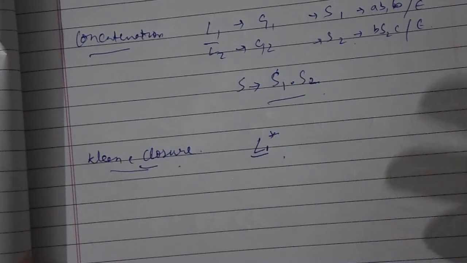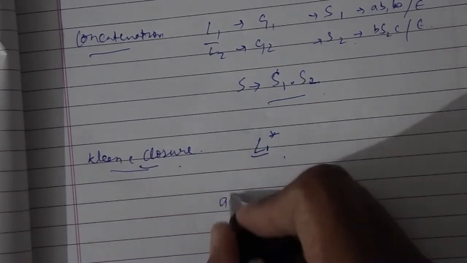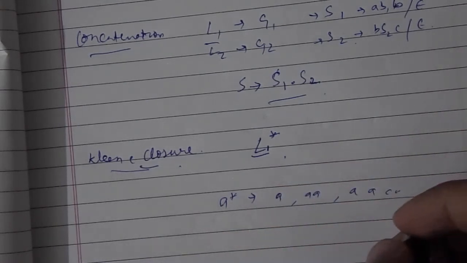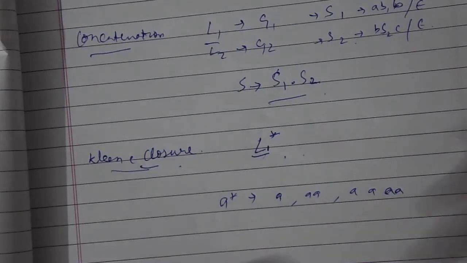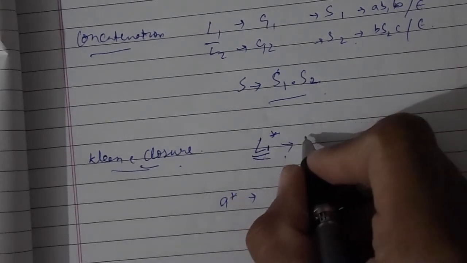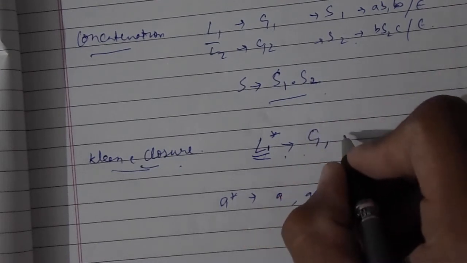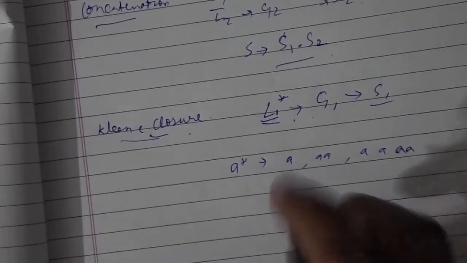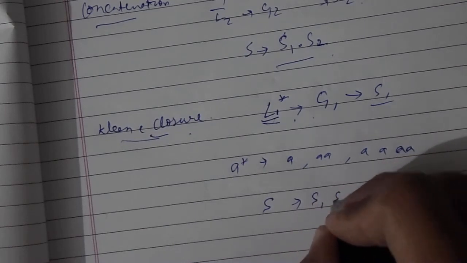For example, A star is A A A A. To show that this language is closed, this language has a particular grammar G, which is a CFG, context free grammar, and that grammar contains a string. To repeat this string, I take S goes to S1 S and epsilon.